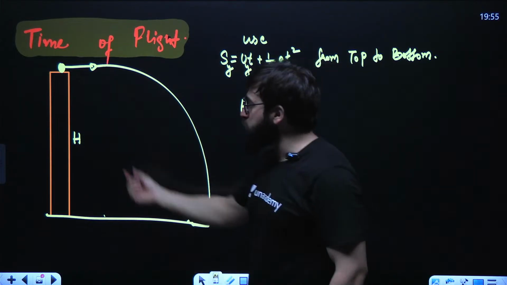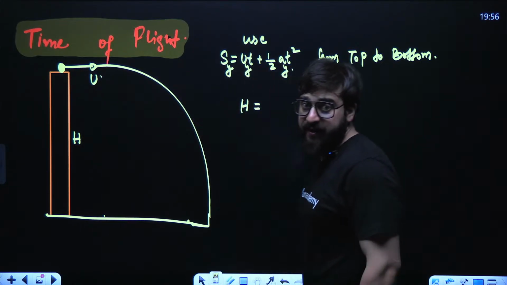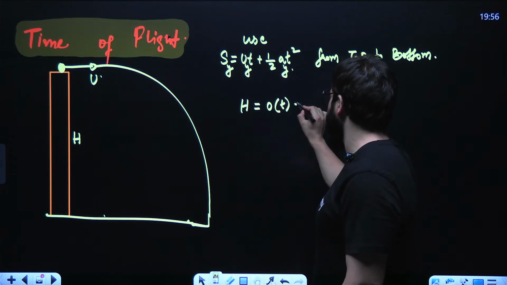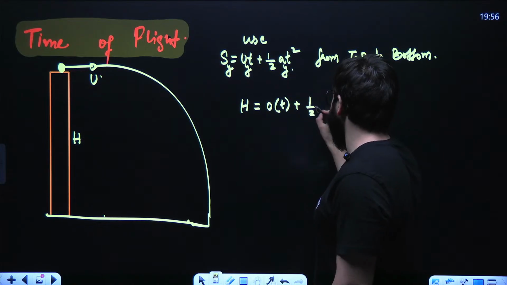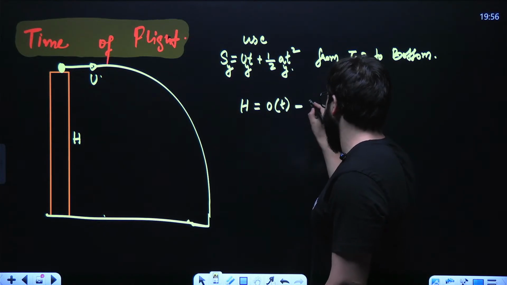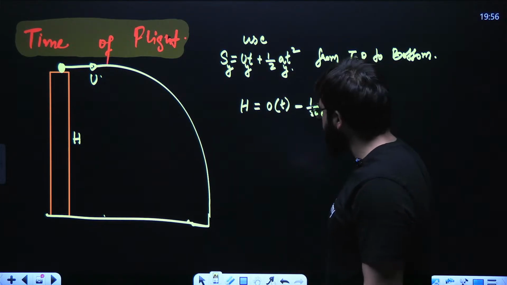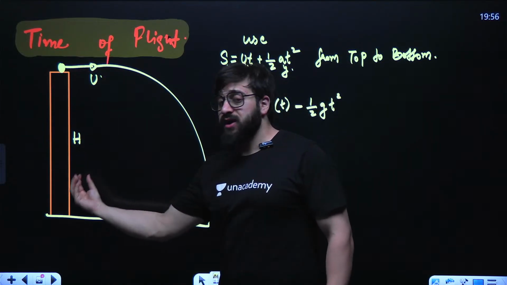What is the initial velocity in y direction? We have launched it with a velocity u horizontally, so initial velocity in y direction is 0. So this is 0 into t plus 1 by 2, and the acceleration is minus g, so I'll write minus 1 by 2 g t square. Now, guys, I have told you so many times, if the ball comes down, take the height negative.